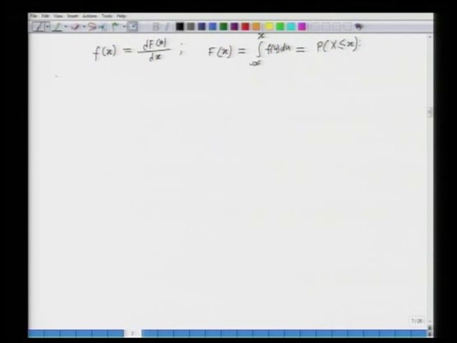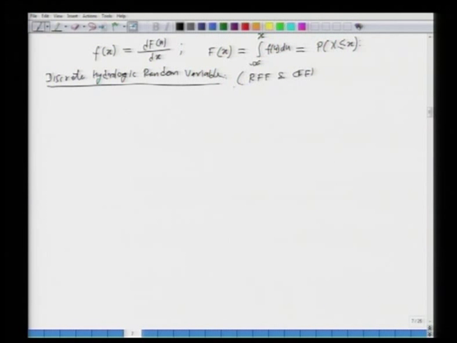So, let us look at the discrete hydrologic variables. How will these functions be defined for a discrete hydrologic random variable? As we said, for discrete data points, these are called the relative frequency function and the cumulative frequency function.